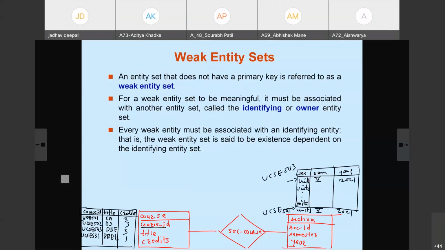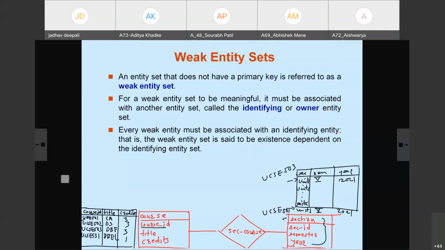This means the section entity set depends upon the course entity set for its existence. It does not have its own primary key. We cannot say that section ID, semester or year, any one of them is the primary key. So the section depends upon the course.